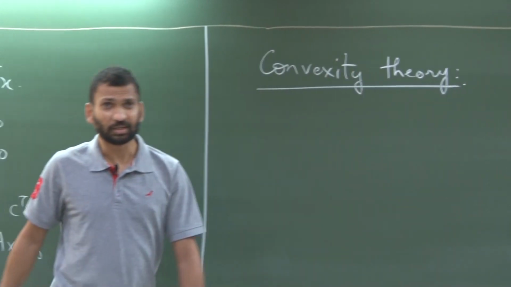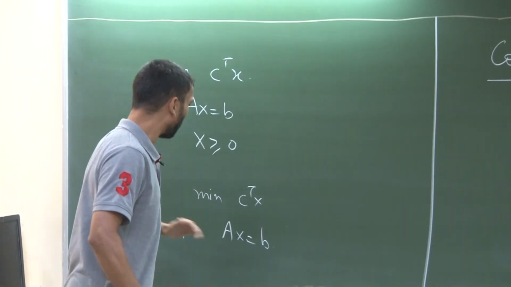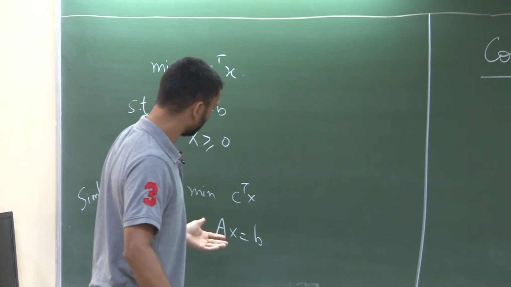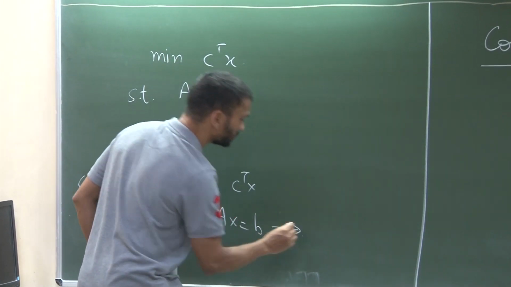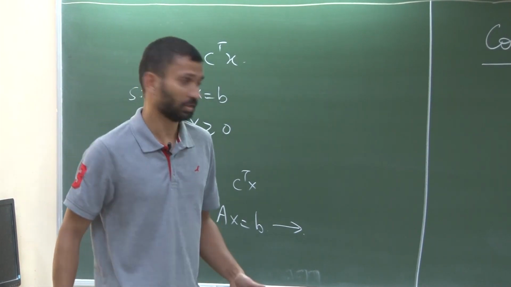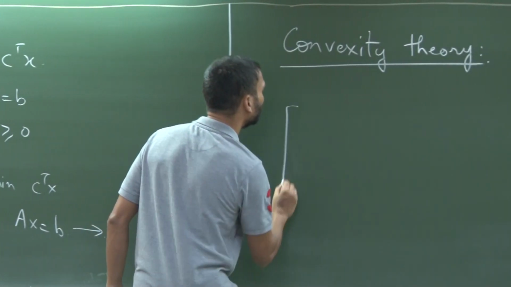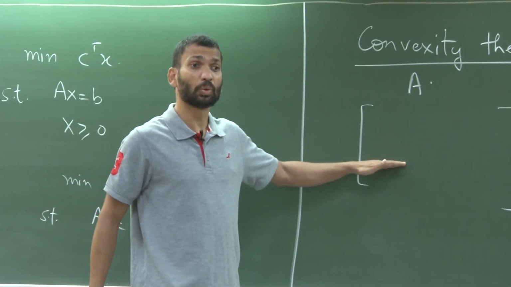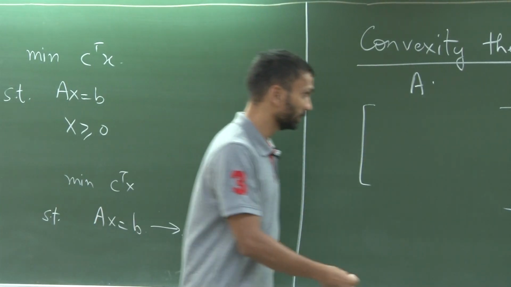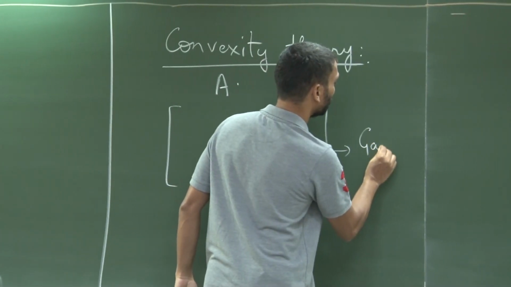But before I start, what happened here, right? The idea was that the solution set of this was easy to describe. If you remember, I take the matrix A and I can do Gaussian elimination.